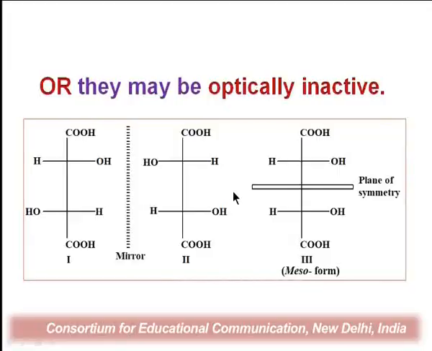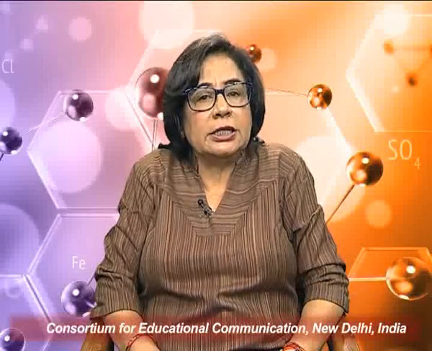Why is it so? We say that for a pair of diastereomers, all may be optically active, or one may be optically inactive. That will depend on how the chiral carbons are substituted.